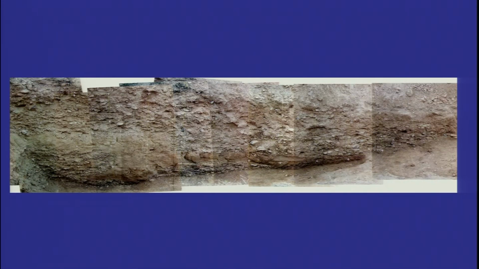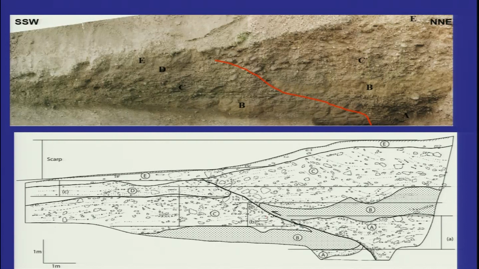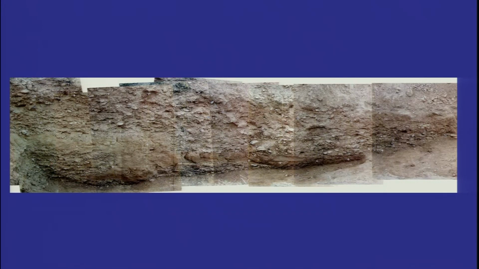Now as I told, on the other wall, that is the west facing wall, what we came across was a very interesting feature. We were not able to see the displacement as it was observed on the east facing wall, but we saw the folding. So you can see easily the folding, this layer is over here.